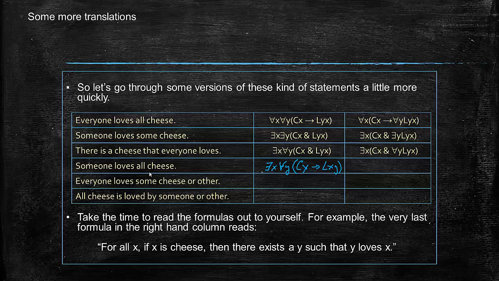Someone loves all cheese. There is someone such that for all y, if y is cheese, then x loves y. So you'll notice here that we preserved the x coming first and the y coming second in the quantifiers, but the variables within the parentheses got switched around. It could have been done either way.